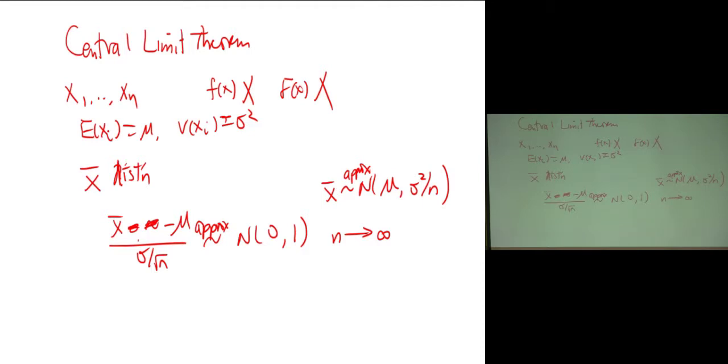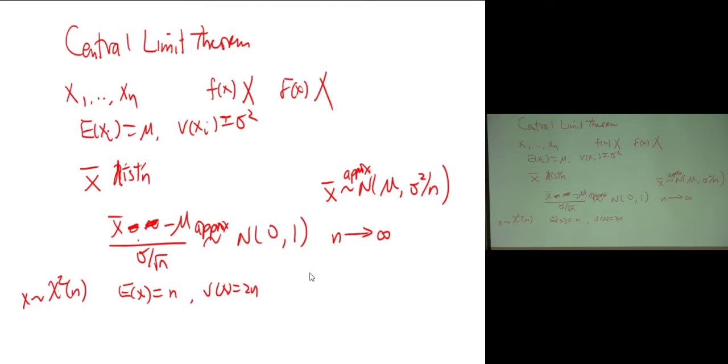For that chapter, we also discussed some other distributions. For example, we talked about the chi-square distribution. You have to know the expectation: if x follows chi-square with n degrees of freedom, then the expectation is n and the variance of x is 2n.